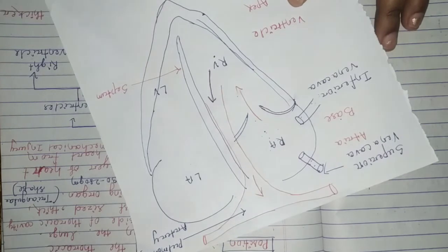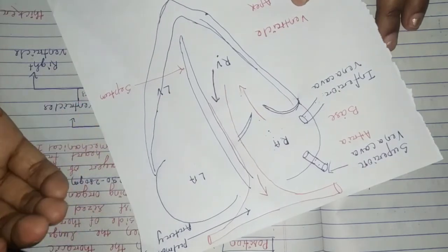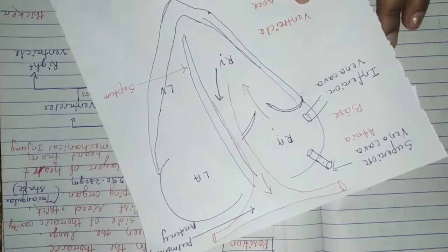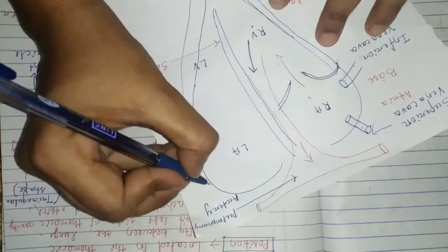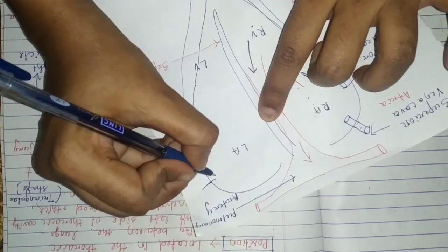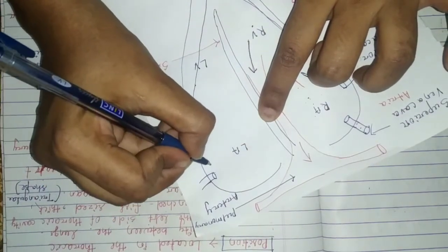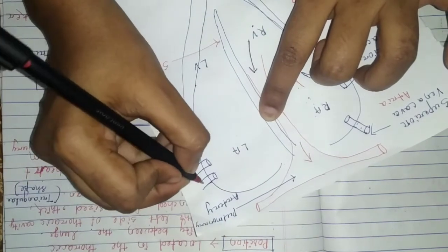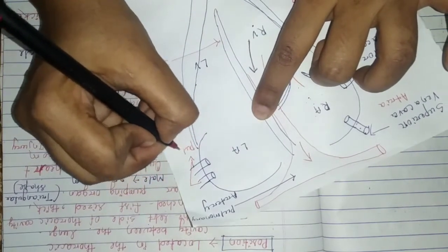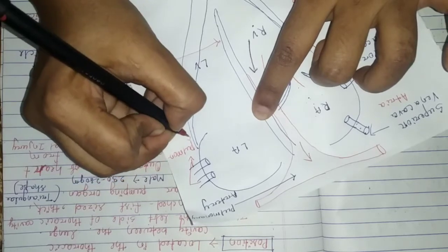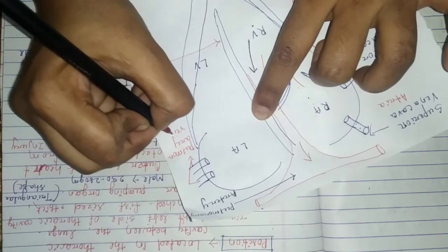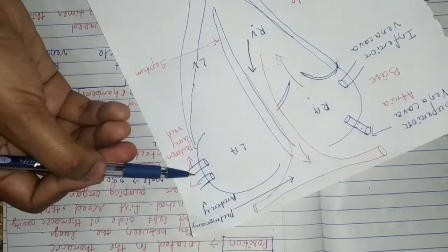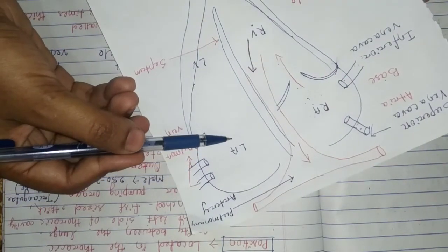Then after oxygenation, the blood comes back to the heart through another blood vessel, the pulmonary vein. The pulmonary vein carries the oxygenated blood, which now reaches the left atrium.